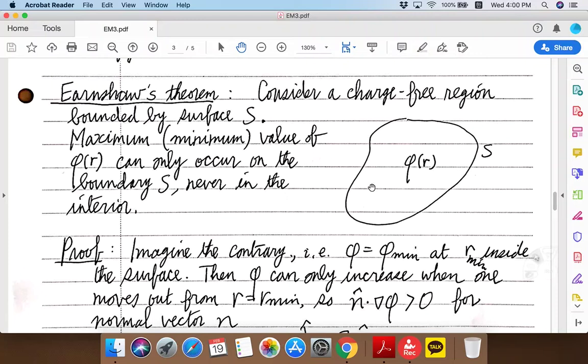To present the proof, first imagine the contrary situation. This is an example of a proof by contradiction: by starting out with a contrary situation and developing some logic, you arrive at a conclusion that contradicts your original assumption. Therefore, the original assumption had to have been wrong.